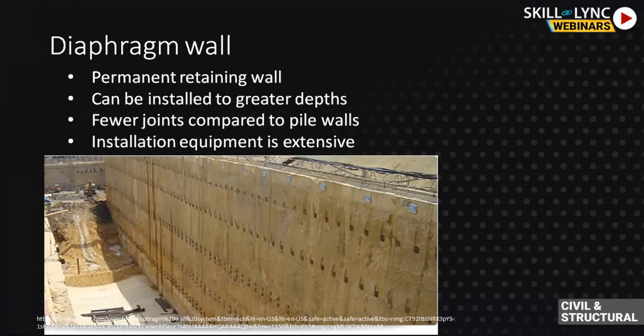For larger excavations, plunge columns or barrette piles are constructed in between across the width of the excavation for the construction of slabs and everything. So this diaphragm wall can be used as both a permanent wall and a temporary wall, and it is more predominantly used for deeper excavation. It can go up to a depth of 50 meters also. So this is one of the best embedded retaining wall constructions for deeper depths.